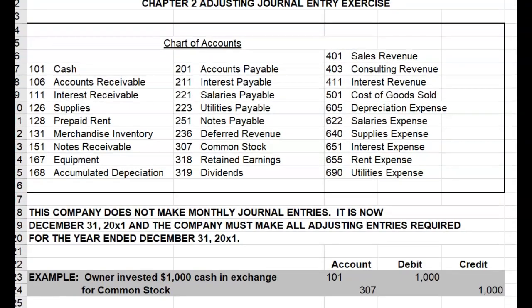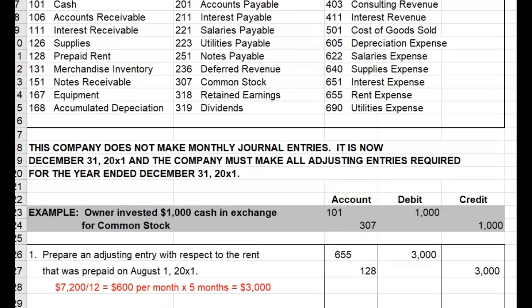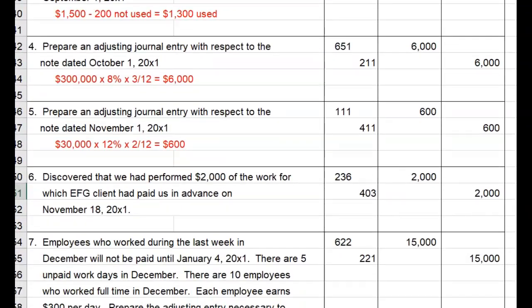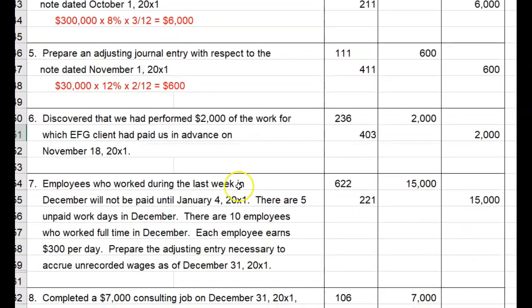The revenue becomes earned when the job is complete, and $2,000 worth of the work that we needed to do for this customer was complete as of December 31st, so we earned $2,000, and we reduced the liability of the work that we owe to that customer by $2,000.